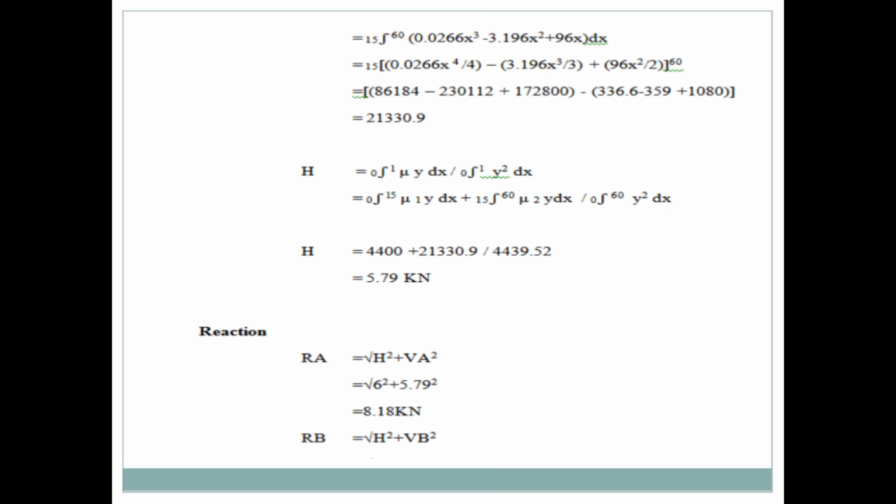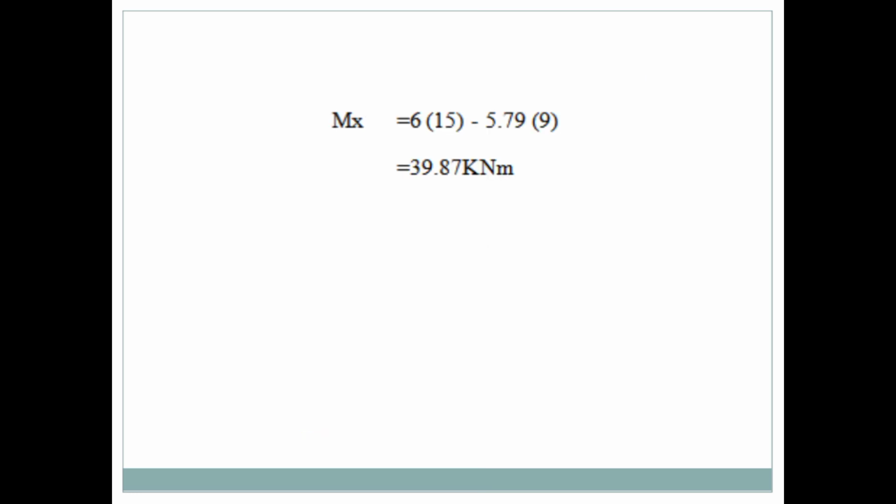And next Rb is equal to root of H square plus Vb square. The final answer will be Mx is equal to 6 into 15 minus 5.79 into 9, maximum moment is 39.87 kilonewton meter. So this is the final moment. Thank you.